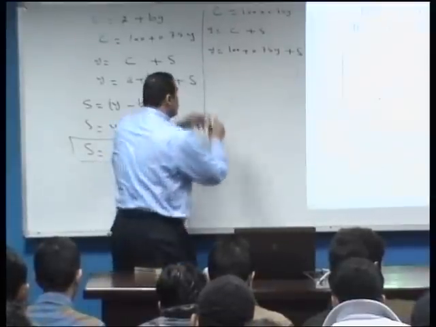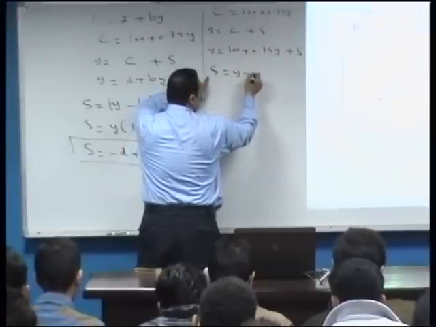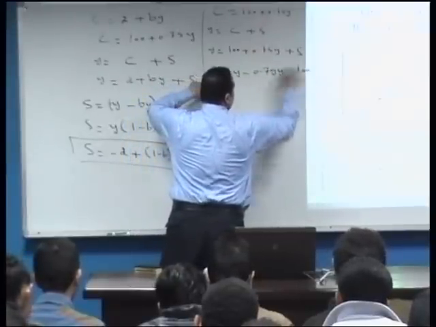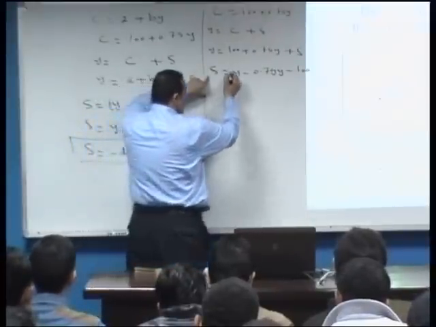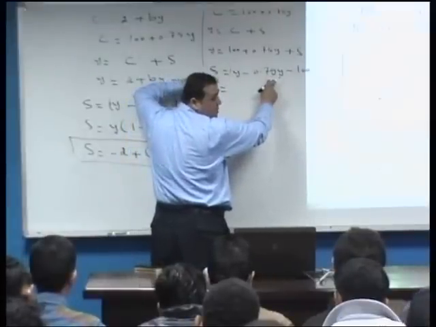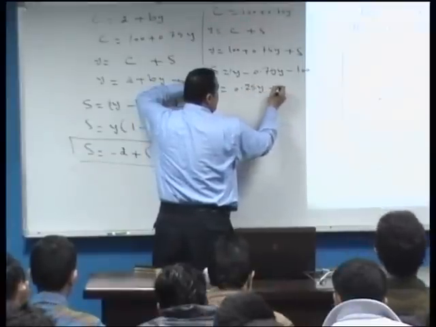S equals Y minus 0.75Y minus 100. Take the common factor: S equals 1Y minus 0.75Y, which is 0.25Y, minus 100.